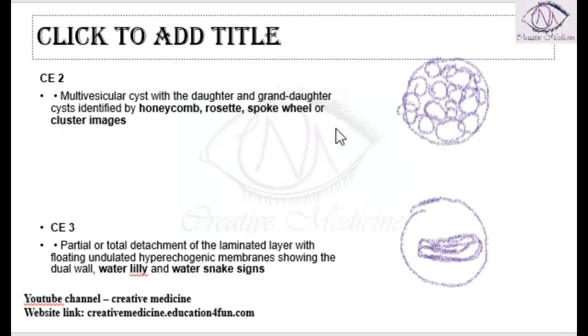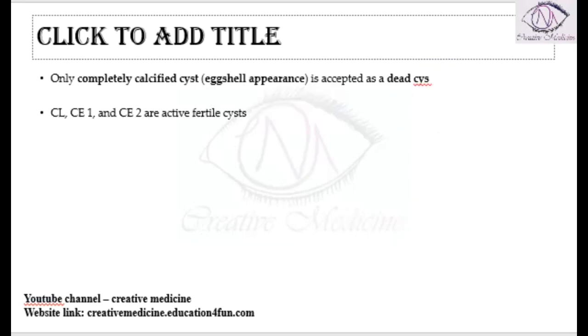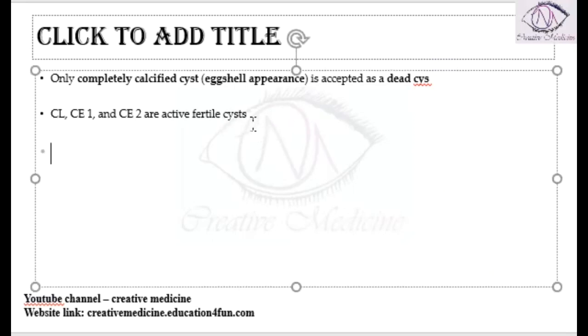So these three are fertile cysts. In CE3, detachment of the laminated layers has started. So CE3 is a transitional cyst where degeneration has started.